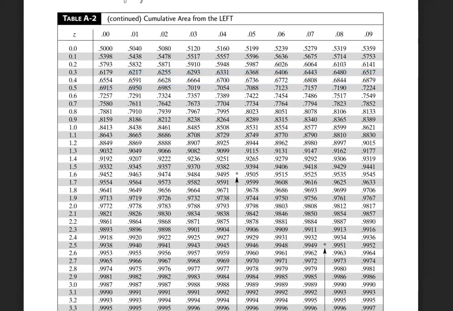So 0.3 right here and 0.03 right here, and they intersect right here, 0.6293. So the probability of z less than 0.33 is 0.6293.